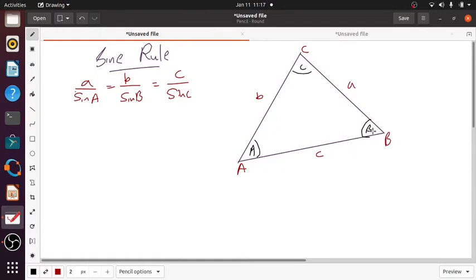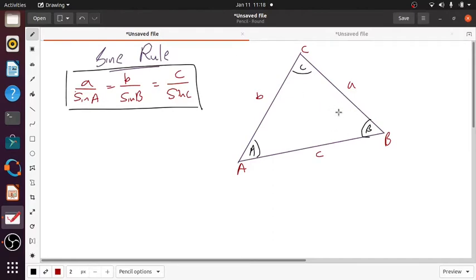If we have a triangle like this, the sine rule says that this ratio is always consistent. That means a, a side given in meters, centimeters, or anything, a divided by sine of A is equal to b divided by sine of B is equal to c divided by sine of C. So this is consistent.